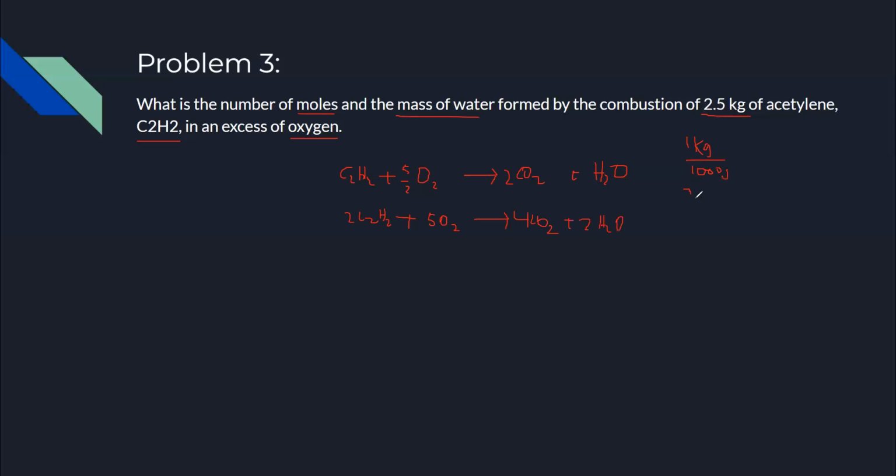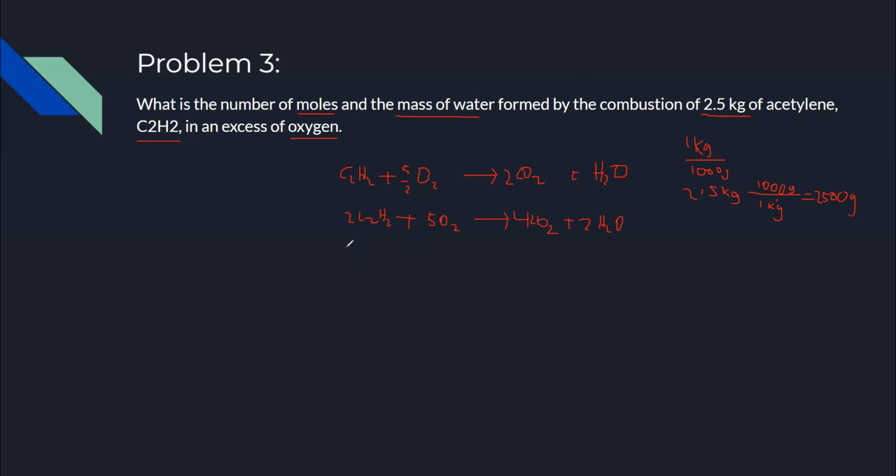So then you have to do 2.5 kilograms times 1 kilogram, sorry, over 1,000 grams equals, so 2.5 times 1,000 is 2,500 grams. So if you have 2,500 grams acetylene, you have to find how many moles and the mass of water that was formed.